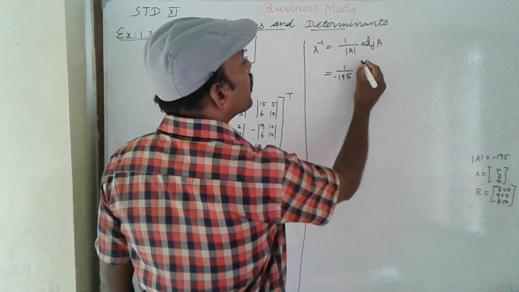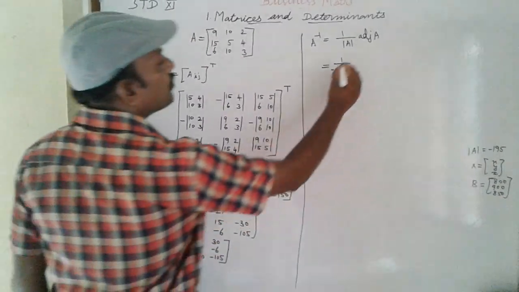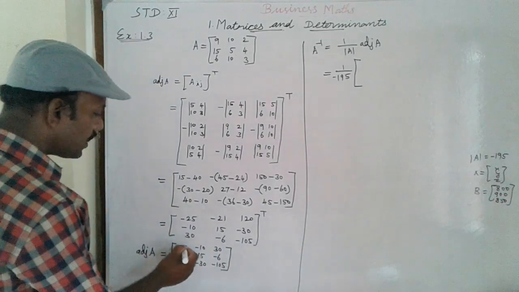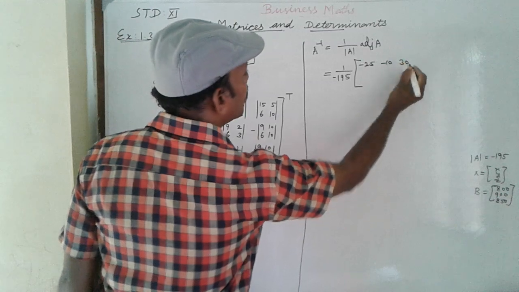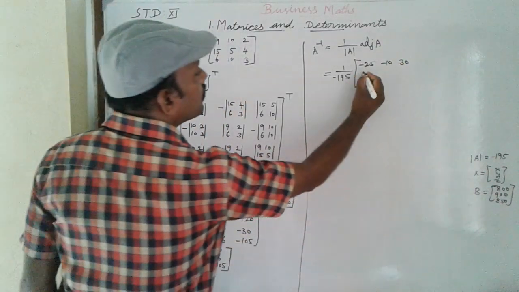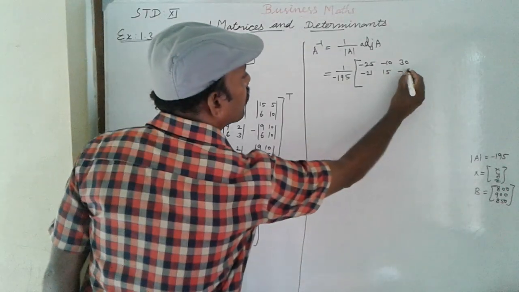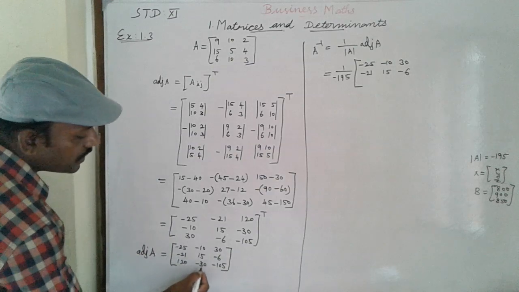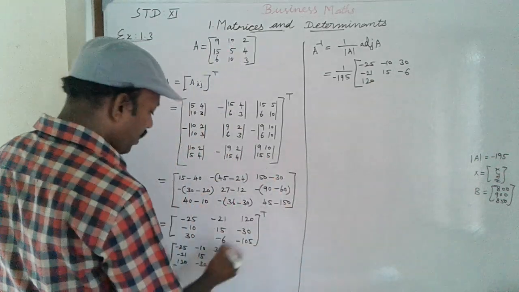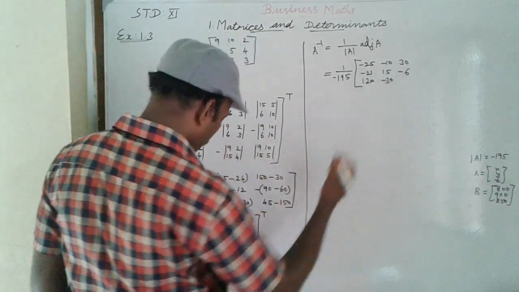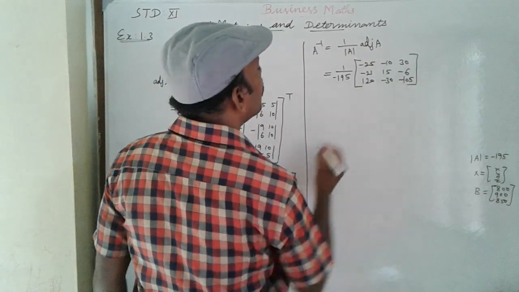Adjoint A is this matrix: minus 25, minus 10, 30, minus 21, 15, minus 6, 120, minus 30, minus 105.